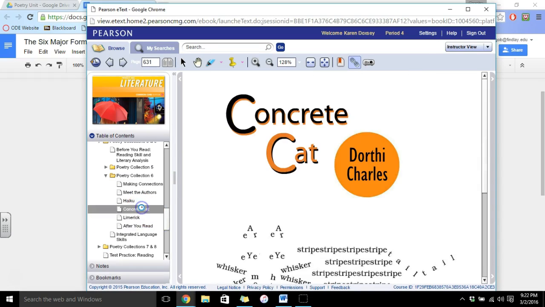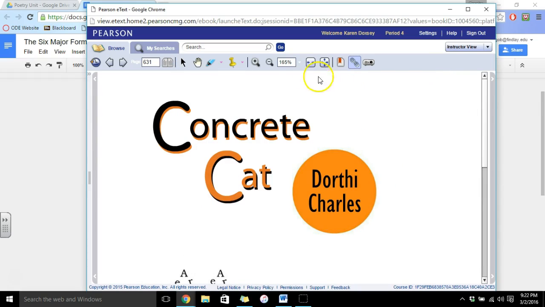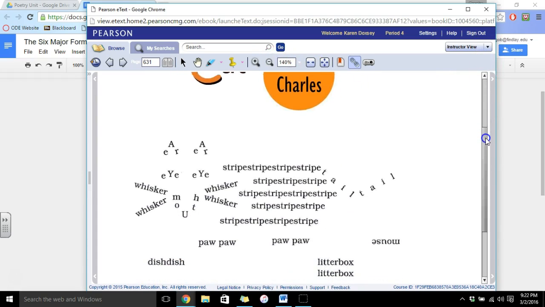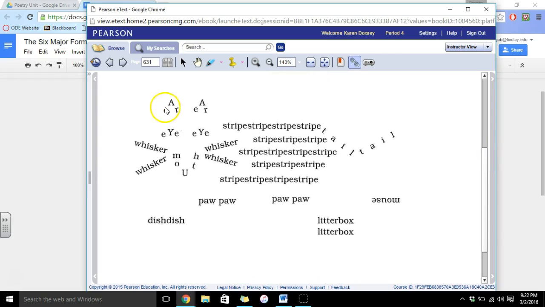So this is the concrete cat. You can kind of see how this poem is not a real poem per se, but these words come together to make this picture.